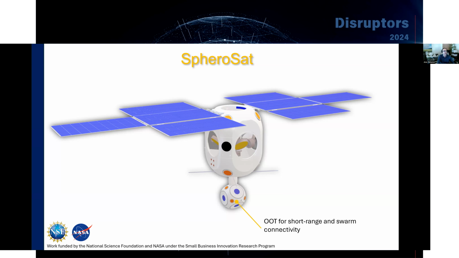I'll discuss a lot about swarms in this brief presentation. The other thing we added to this terminal is large apertures, 4 to 6 inch apertures. That allows you to connect at long distances with high data rates.